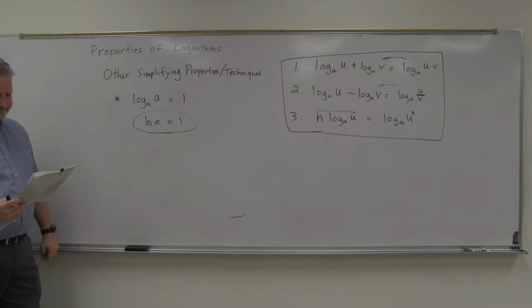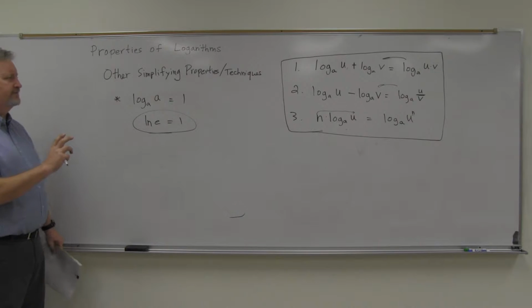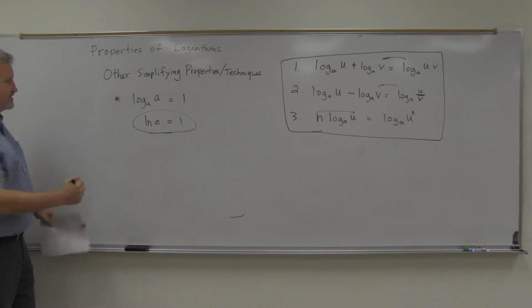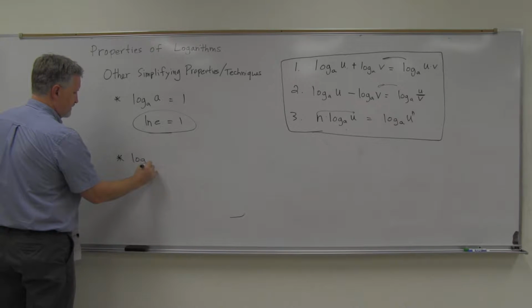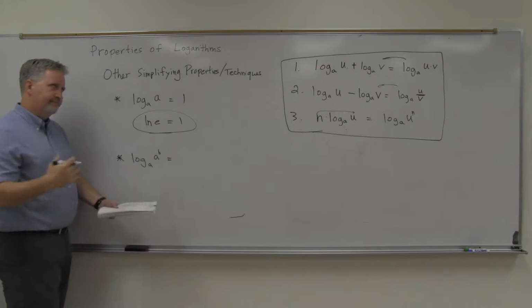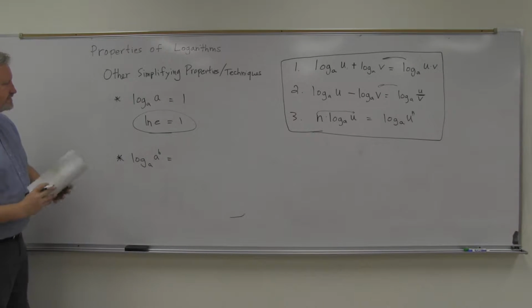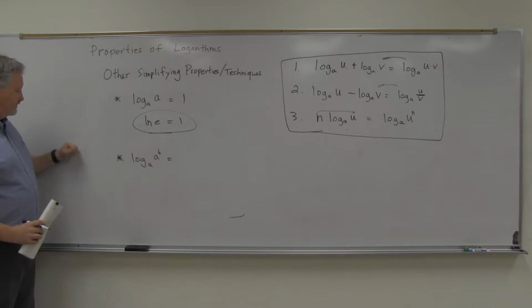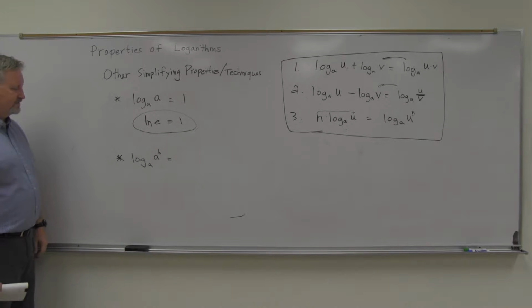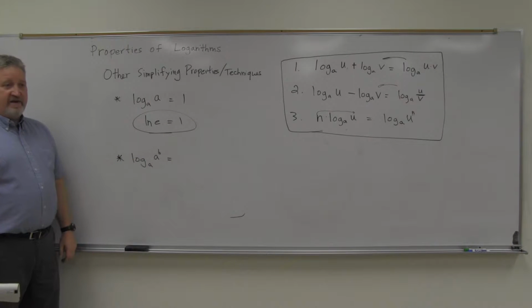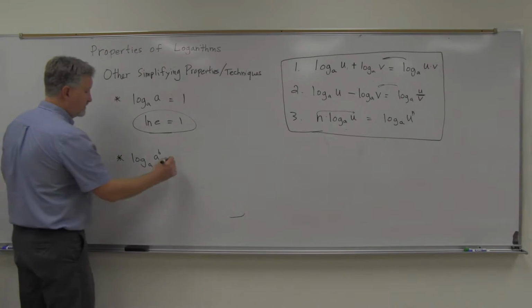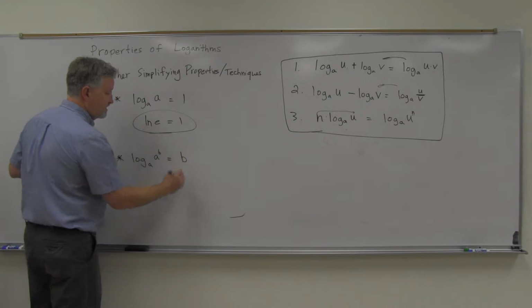Now a couple of other ones. They really come from just the definition of logarithm. Another feature of these being inverse functions: if I've got log base A of A to the B power, it turns out that's always going to be whatever that B power is.